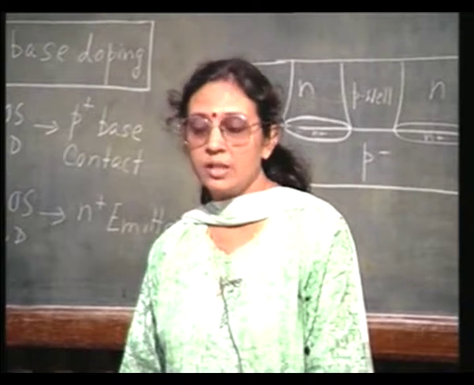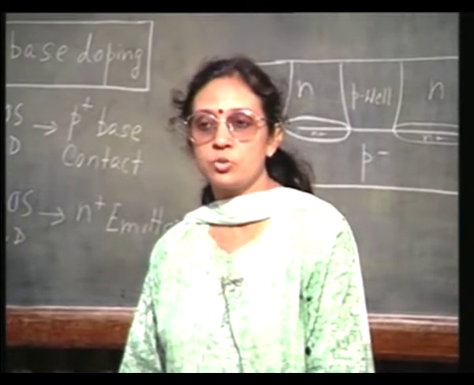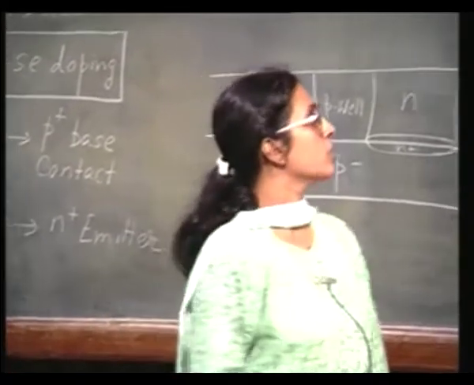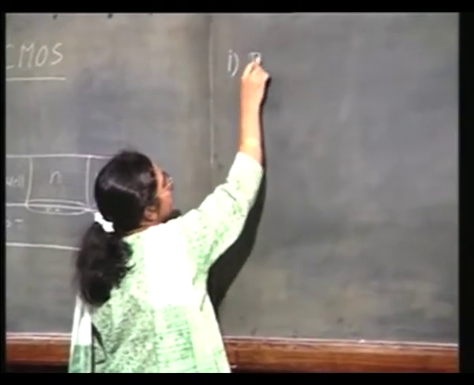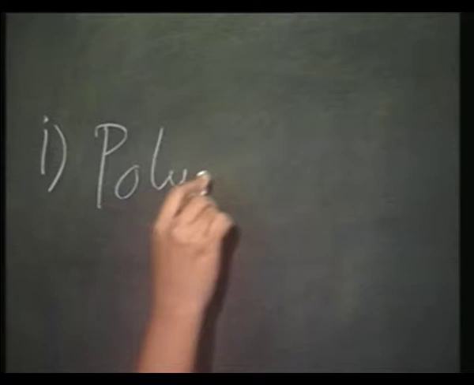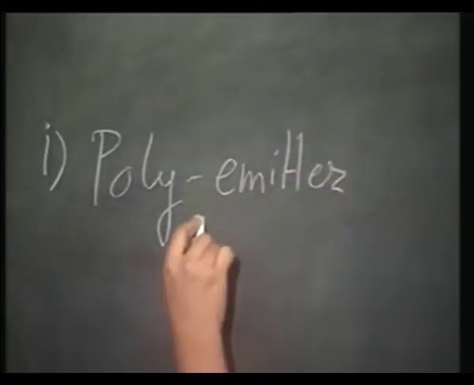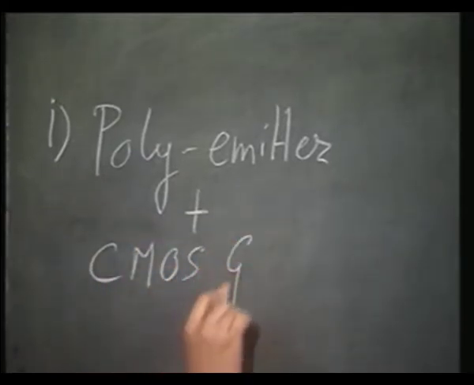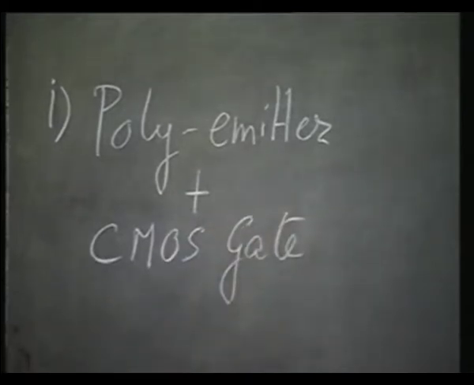We could have the CMOS gate and the emitter merged together. The poly deposition can be the same step. So, let us see further refinements. These two can be clubbed together, polyemitter and CMOS gate.